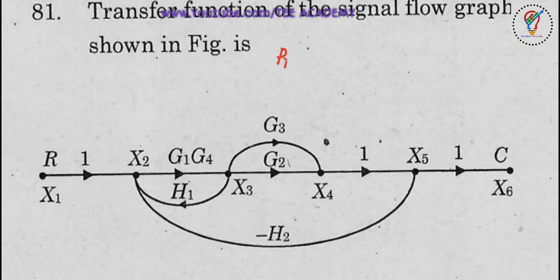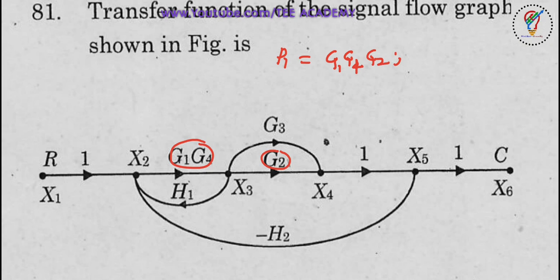First forward path gain P1 is equal to, so the entire path: 1, G1, G4, and here this G2, and here is 1. X5 and X2 are all nodes, so don't consider them. So the first forward path is G1 G4 G2.